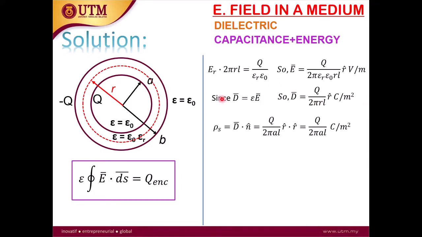We can use D to find the charge density rho S. So rho S equals D dot n, which is Q divided by 2 pi aL in direction of r, dot product with r. Why a? Because we want to find rho S at r equal to a, so we change r to a. So rho S is equal to Q divided by 2 pi aL coulomb per meter square.